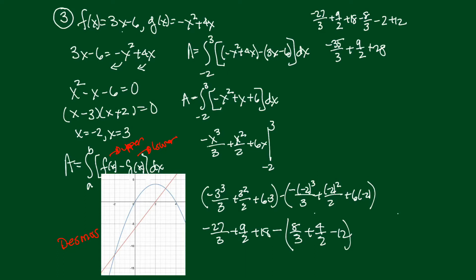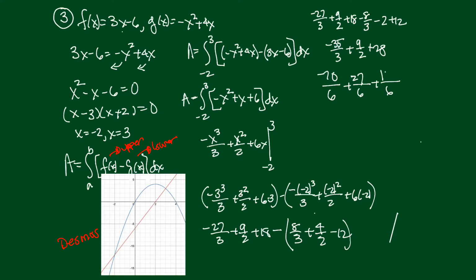Let's write everything with a common denominator, which I think here is 6. So I'm going to write all these 3 terms over 6. So let's see, 3 will go into 6 twice, so I'm going to double that top, negative 70. 2 will go into 6 3 times, so I'll triple that top, getting a plus 27. And then, what do we have here? This is really a 1. So 1 will go into 6 6 times. I'm going to multiply that by 6.